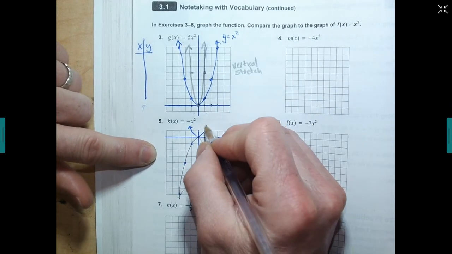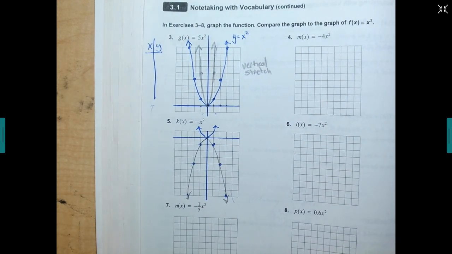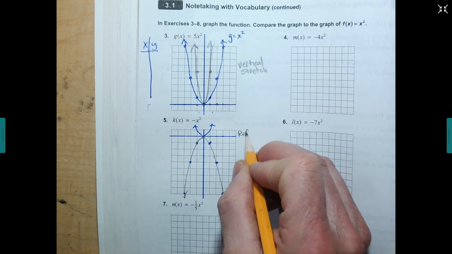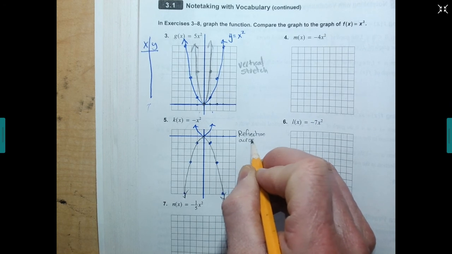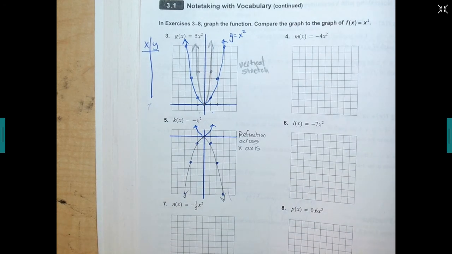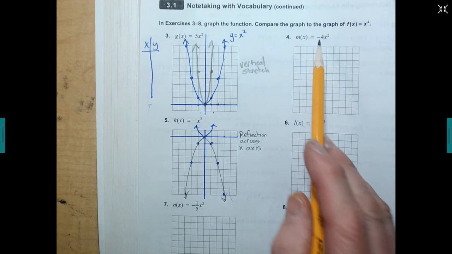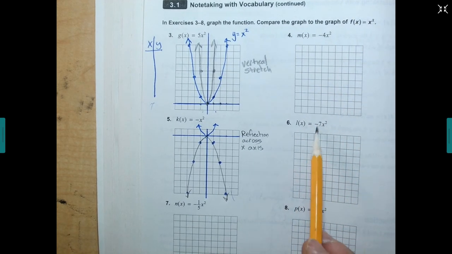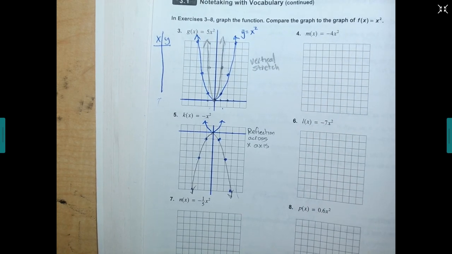So what's the comparison? What happens to number 5? It's a reflection across the x-axis. If you notice, that's also negative. So that's going to be a reflection. So these are going to be reflections plus stretches, right?